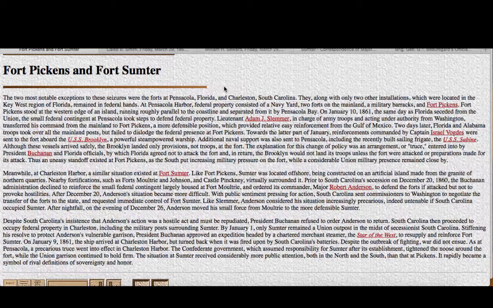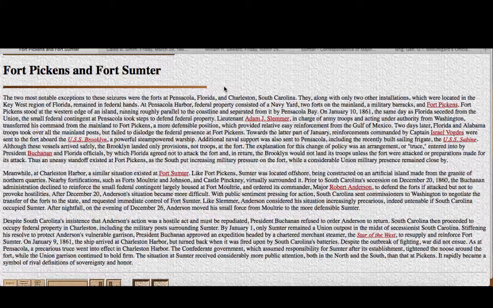It also includes Fort Pickens off the coast of Florida. But this tells the students a bit about the background and what was going on at the time. So you could give the students this and just ask them to read it. You could ask them a few questions about it to key in on the main points. You might review some of the main points with them, but the thing is here, give them this background information.